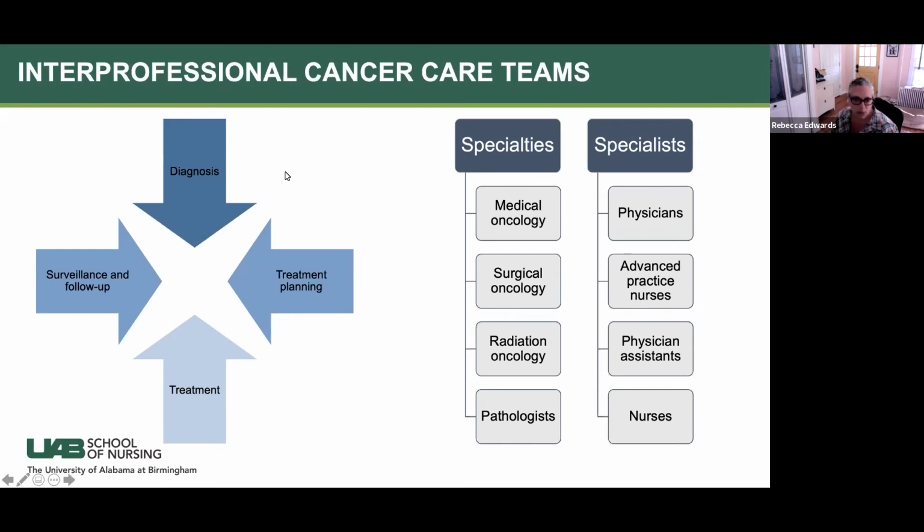So on the left here, the diagnosis occurs, there's treatment planning, there's treatment, and then surveillance or follow-up. And one thing that I can't recall is if it's on a future slide, so I'll mention it here, is that oftentimes patients are navigated through interprofessional clinics where they may see multiple cancer specialists, such as the medical oncologist and the surgical oncologist in one visit, or all three, medical oncology, surgical oncology, and radiation oncology.